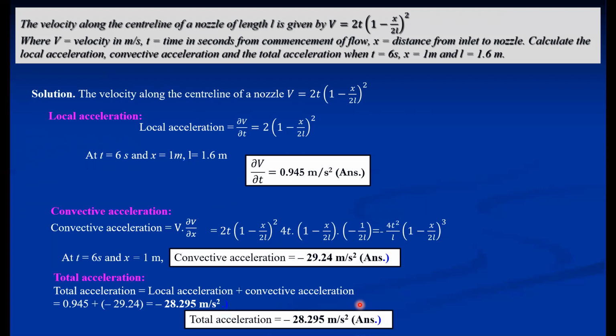This way we can calculate the local, convective, and total acceleration. In this case, there is unidirectional flow because there are no y and z coordinates, so the form of convective acceleration is reduced to unidirectional. By differentiation, we can estimate all the components.